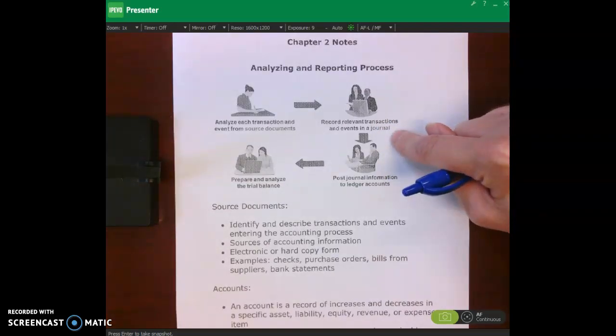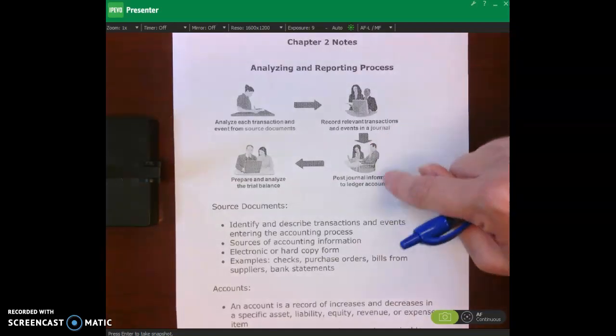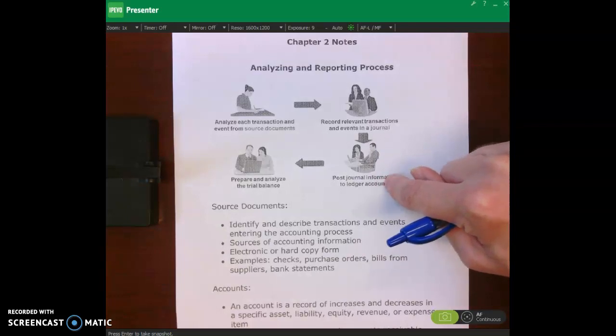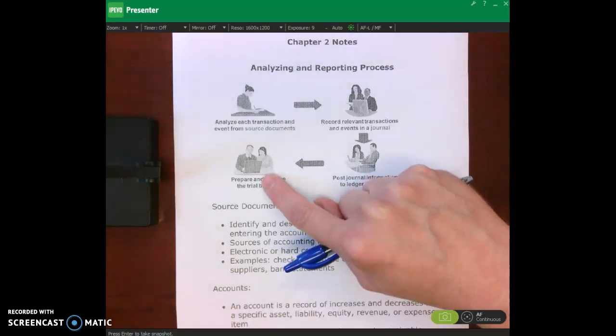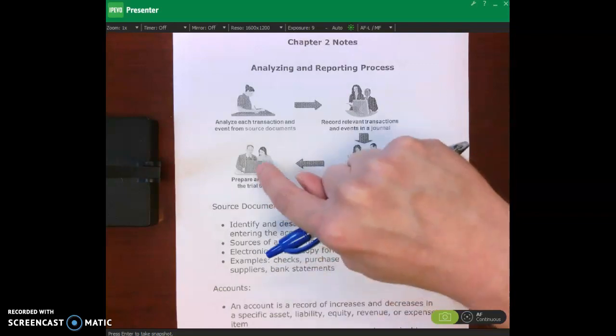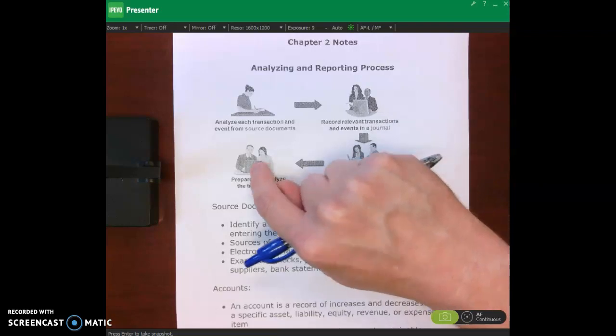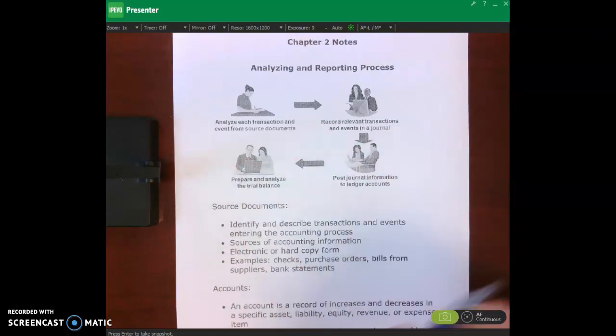In a journal, okay, in the general journal. And then we're going to update our general ledger, and then we will do something called the trial balance. Okay, and then from the trial balance, and you don't see an arrow here, but I'll tell you what would happen. I'll give you the great reveal. From the trial balance, we will go into creating our financial statements, okay?